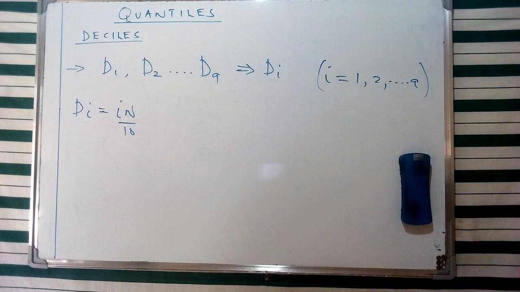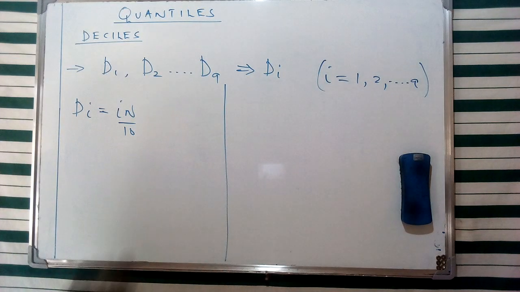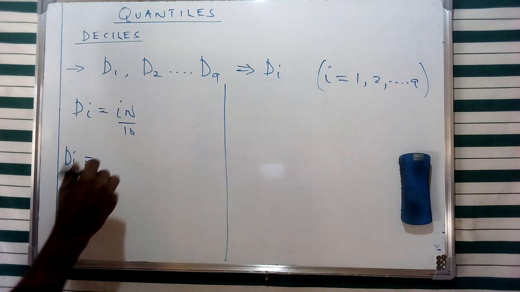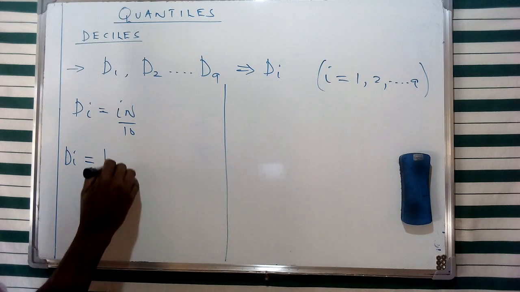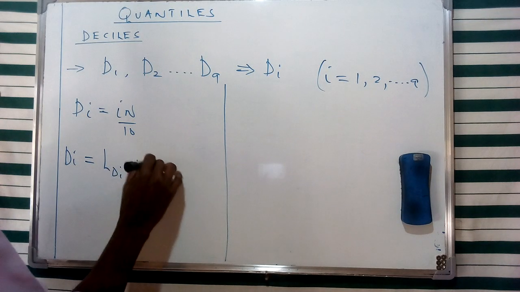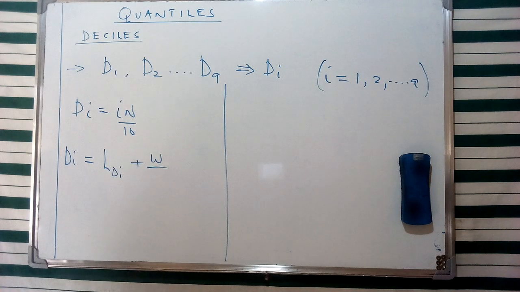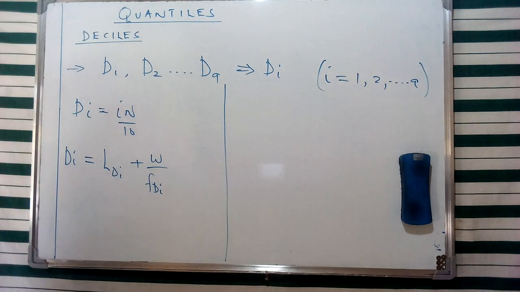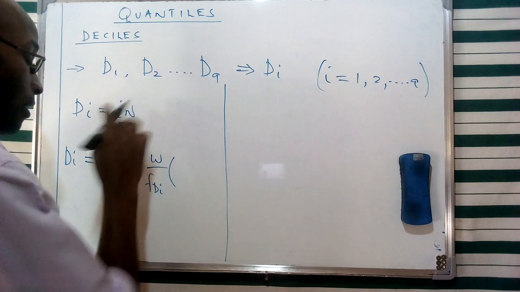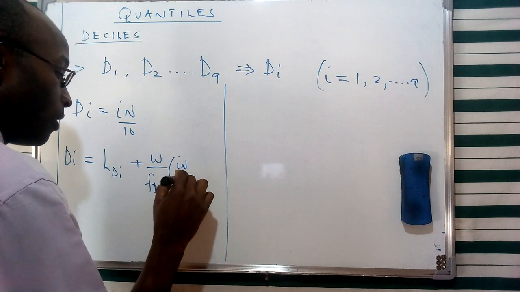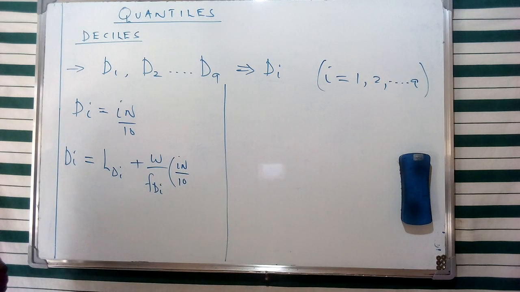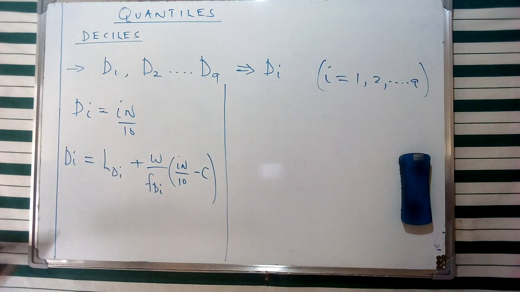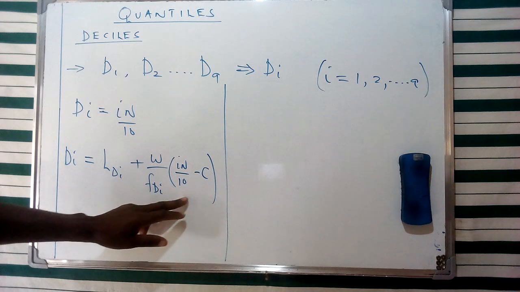The decile for grouped data is given using a specific formula: the ith decile is equal to the lower class boundary, LDi, plus the size of the decile class, W, over the frequency of the decile class, FDi, multiplied by iN all over 10, where N represents the number of observations, minus the cumulative frequency C, which is the cumulative frequency of less than type, the frequency preceding the decile class.